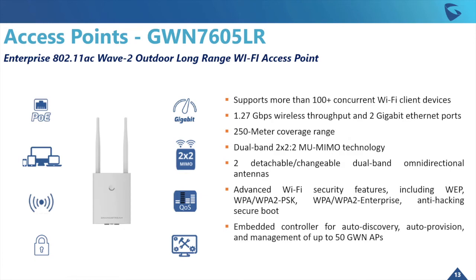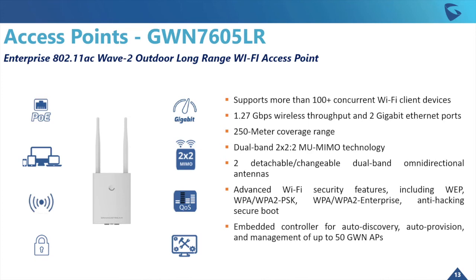Next, we have the Enterprise 802.11 AC Wave 2 Outdoor Long Range Wi-Fi Access Point GWN 7605 LR. And this model supports more than 100 concurrent Wi-Fi client devices. It provides a data rate of 1.27 gigabits per second.